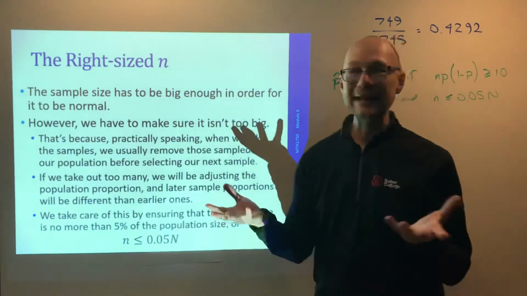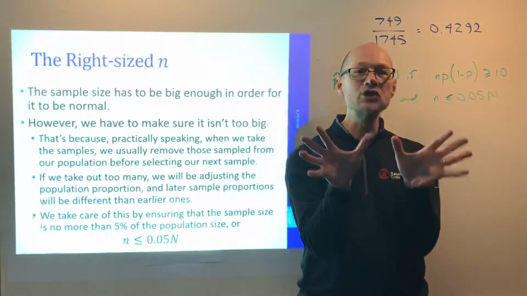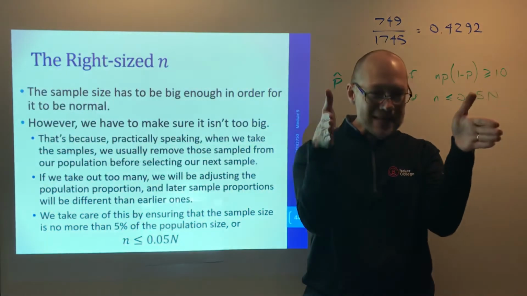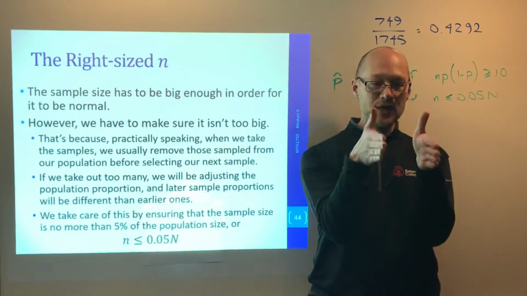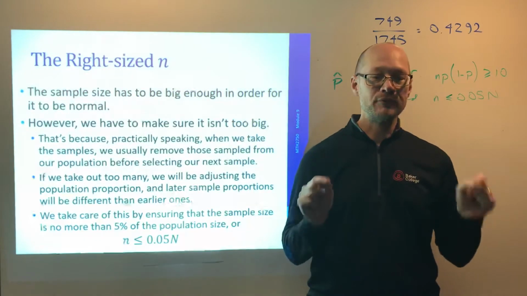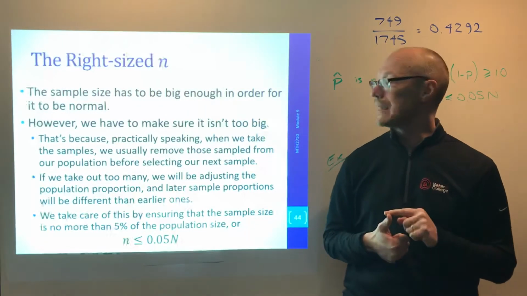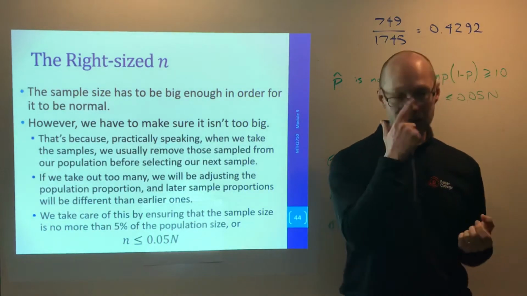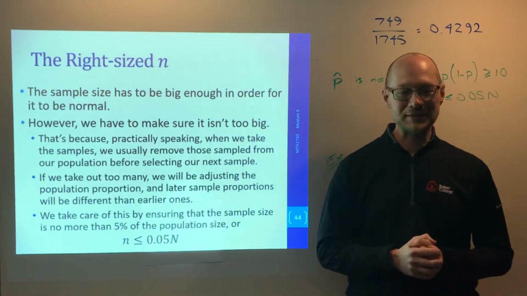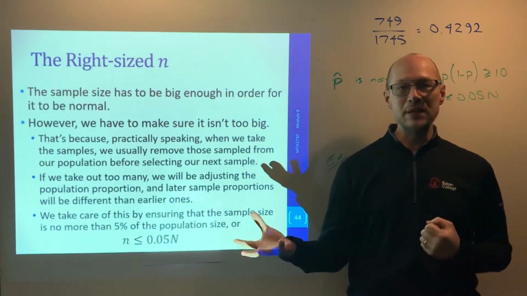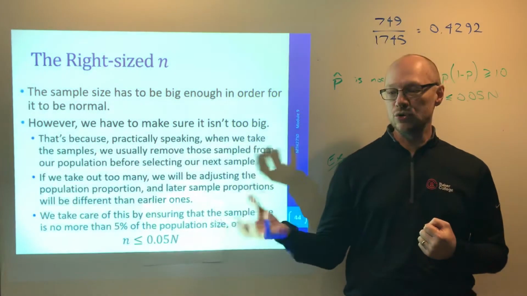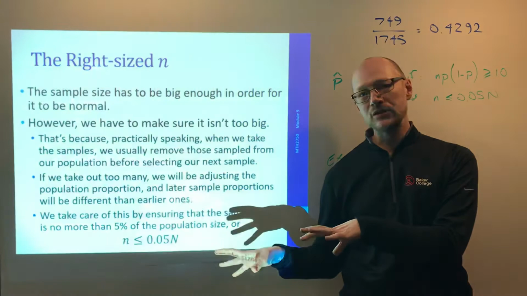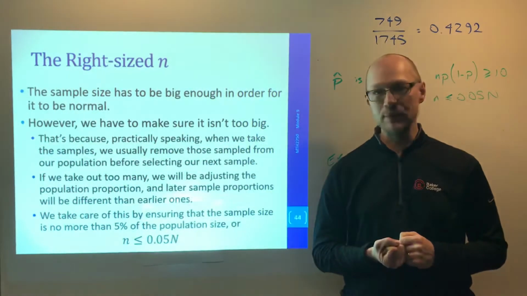So I talked about the n has to be large enough, right? You need to have a large enough n so that you can squeeze that standard deviation down enough to make sure there's room for the tails. But you can't make n too big. You can't let it be too big. And that's because when you sample people, usually you don't put them back in the mix to potentially sample them again.